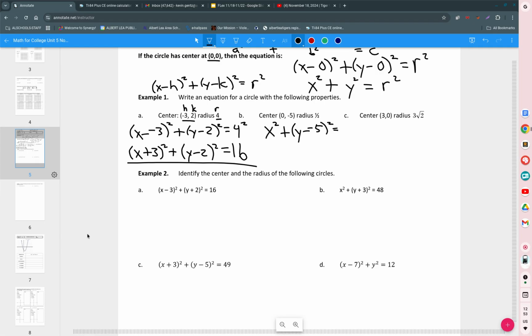The radius is a half. (1/2) squared, it's not 1. A half times a half is 1 times 1 is 1, and 2 times 2 is 4. So 1/4. So in other words, the equation is x squared plus (y plus 5) squared is equal to 1/4.